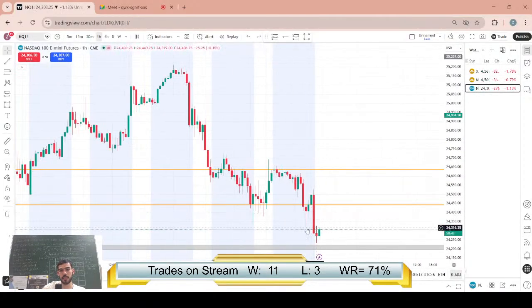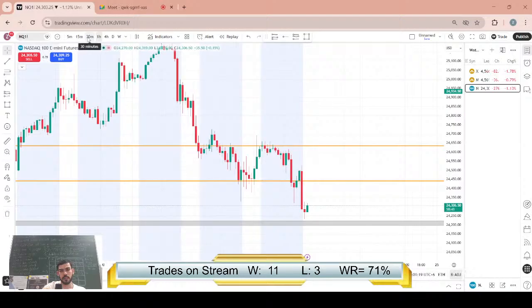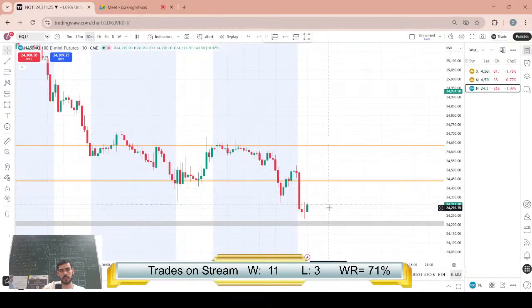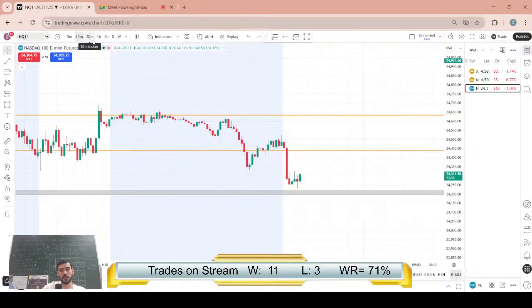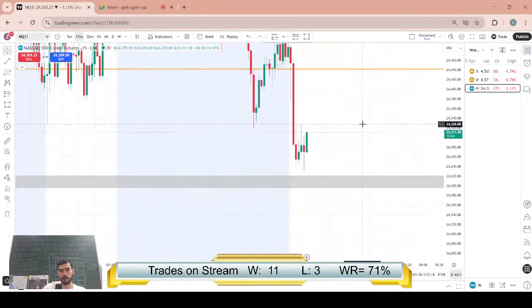Let's check Nasdaq. It's giving low volume candles.